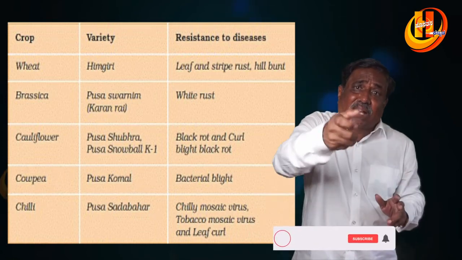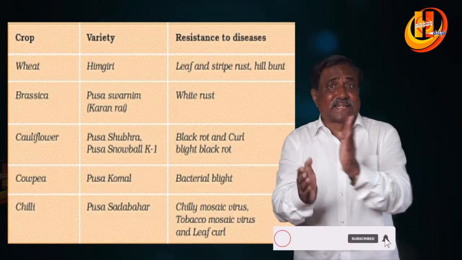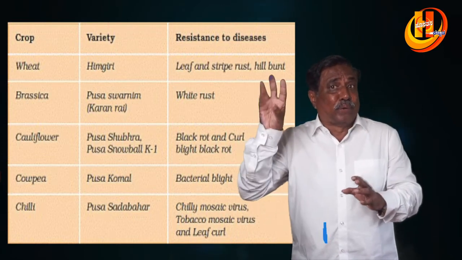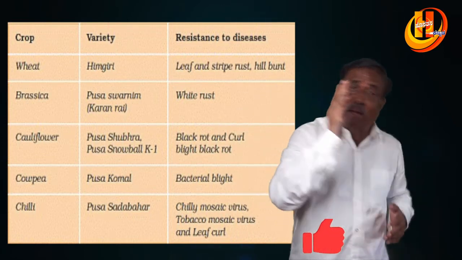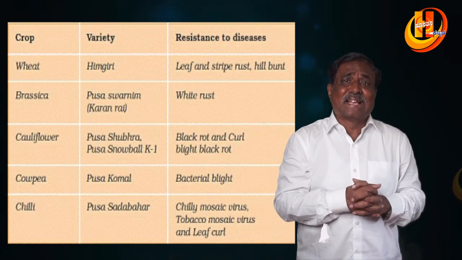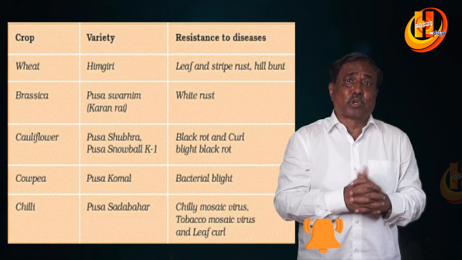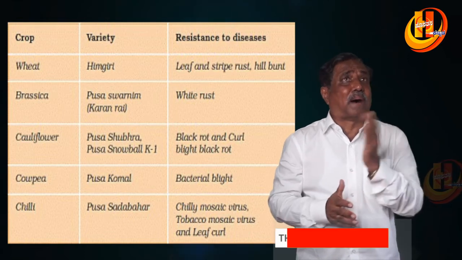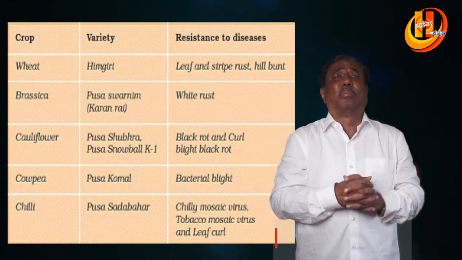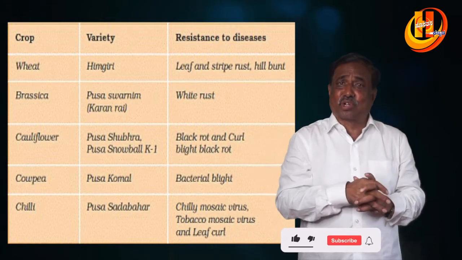So these disease resistant varieties have already been asked, but which disease has not been asked so far. Hence these are very important. And chilies, Pusa Sadabahar, which is disease resistant to the mosaic virus.